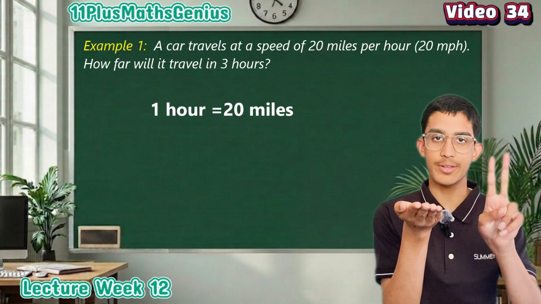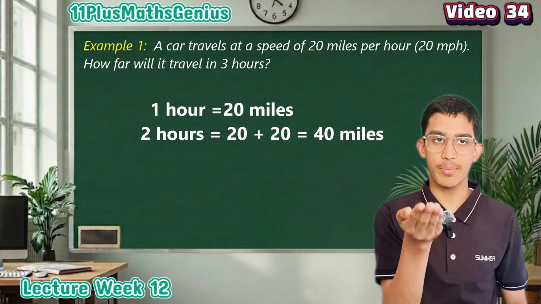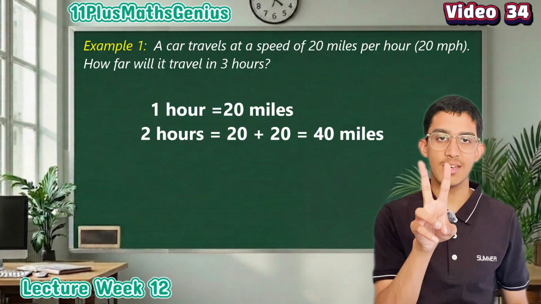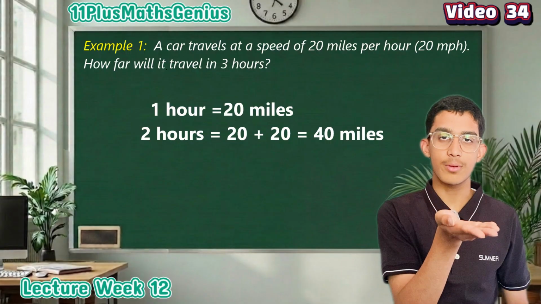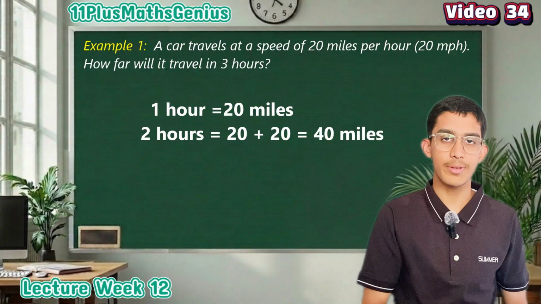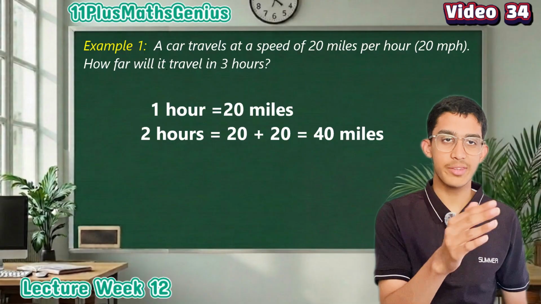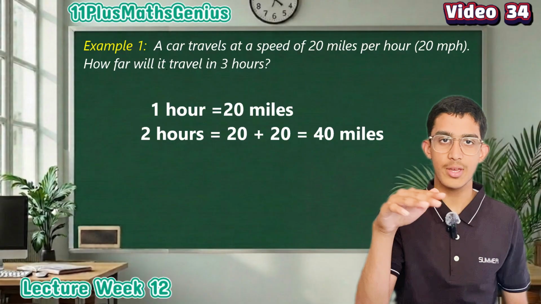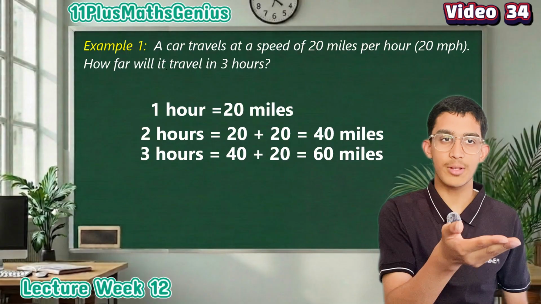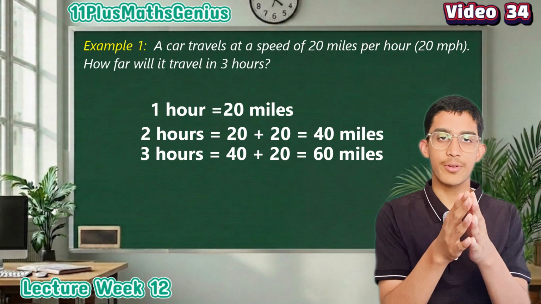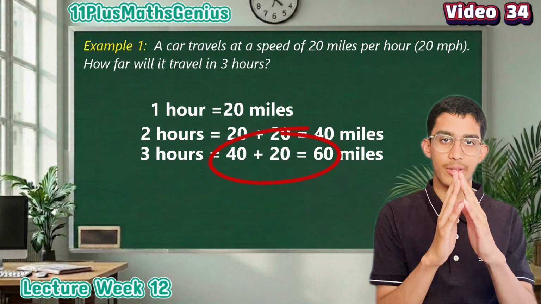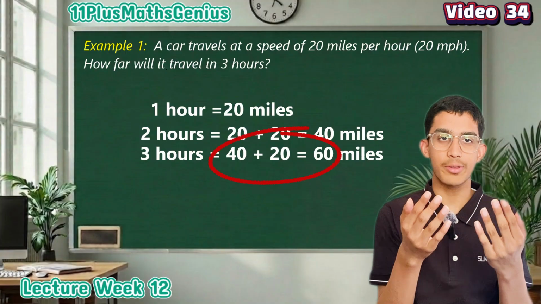In the second hour, it travels the same speed, so at the end of the second hour, it travels 20 plus 20 or 40 miles. As we know that the rate means the speed is constant, it travels another 20 miles in the third hour. So, at the end of the third hour, it travels 40 plus 20 or 60 miles.